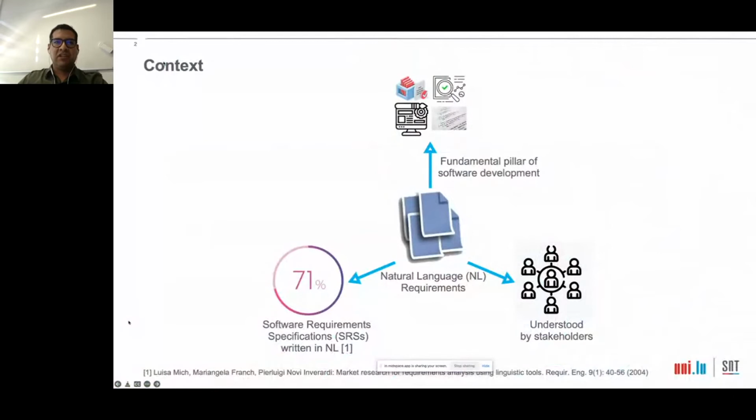Requirements are crucial in all software and system development projects because they state the necessary characteristics and qualities of a system. Most software requirements specifications are written in natural language. Some studies confirm that 71.8% of software requirements are written in natural language. This is because natural language can be used in all application domains and understood virtually by all project stakeholders.